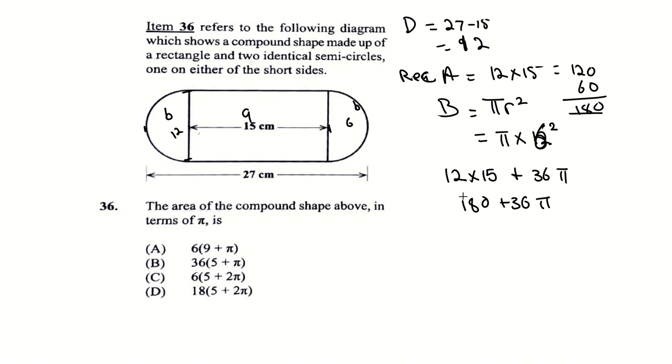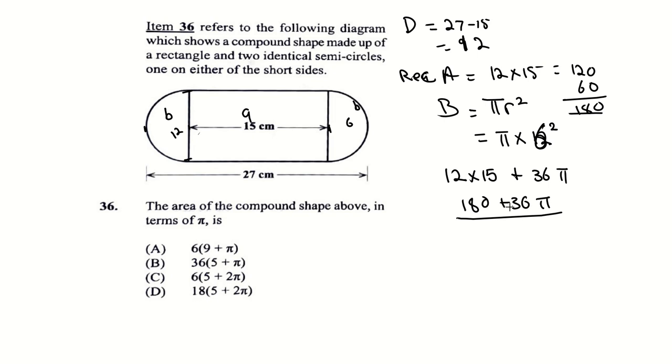Yes, so when you multiply the rectangle, the area of A, you're going to get 180 because it's 12 times 10, and then 12 times 5 is 60. So it's 180, and the area of B is pi r squared, which is pi by 6 squared, which is 36 pi. Right? This is the area of this compound shape. Now, if you recognize, they factorize this out.